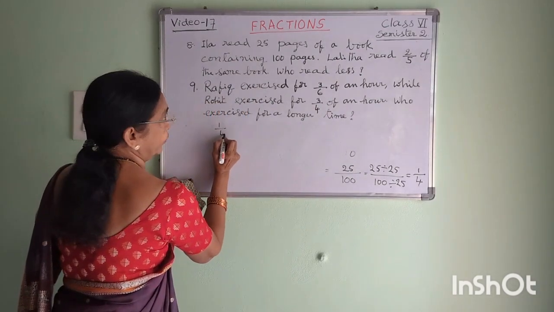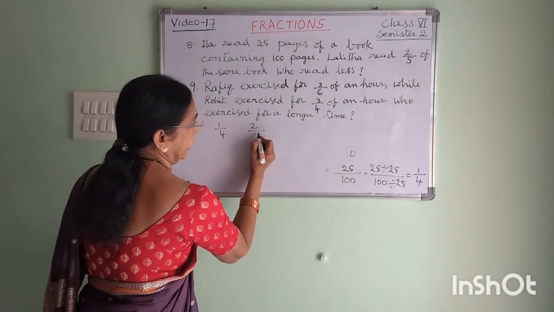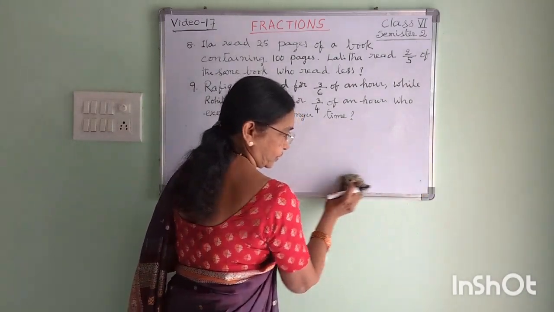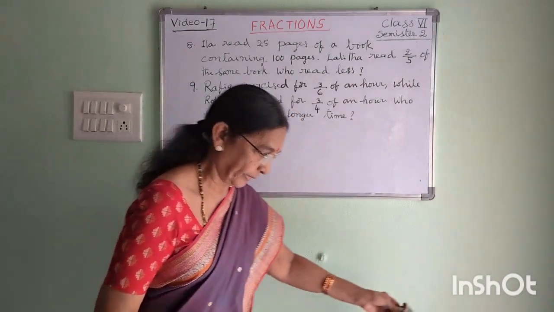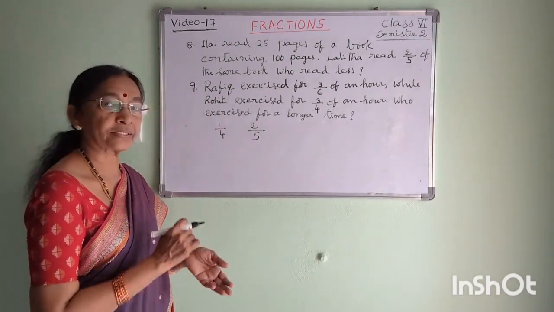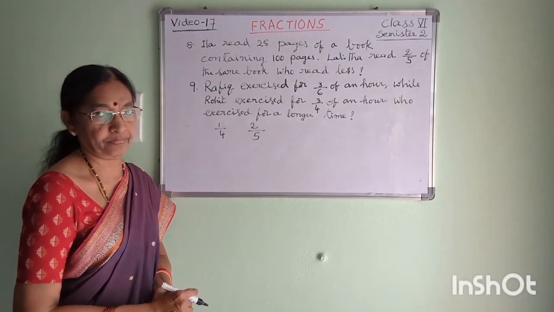Ayla read 1/4 of the pages, and Lalita read 2/5 of the pages. So we have to take equivalent fractions and select the two fractions whose denominators are the same.